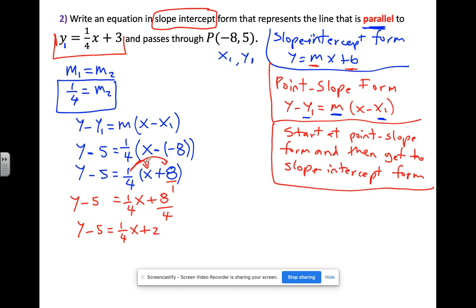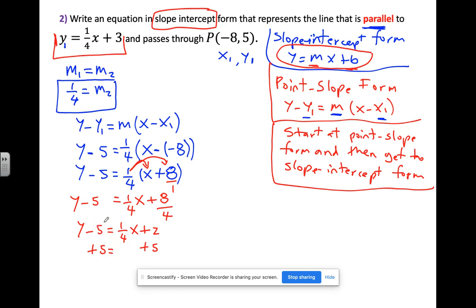Now, I just solved the parentheses. Why? Because I want to rewrite my equation in slope-intercept form, which means the y has to be by itself without parentheses. Right now I have the 5 with the y. I want to cancel the negative 5, so I add 5 on both sides. Okay?